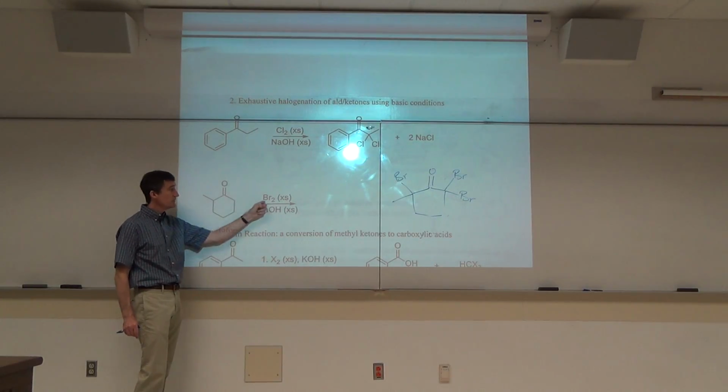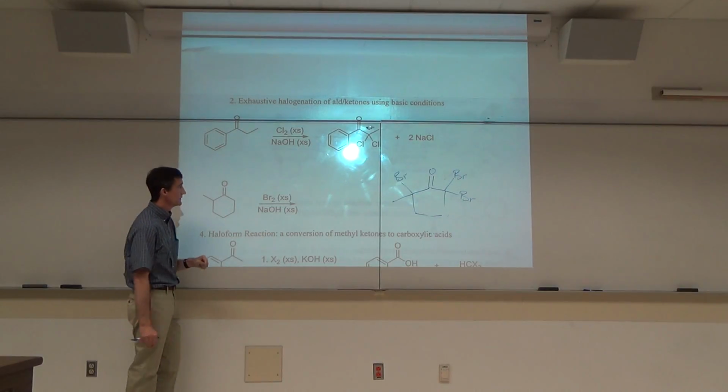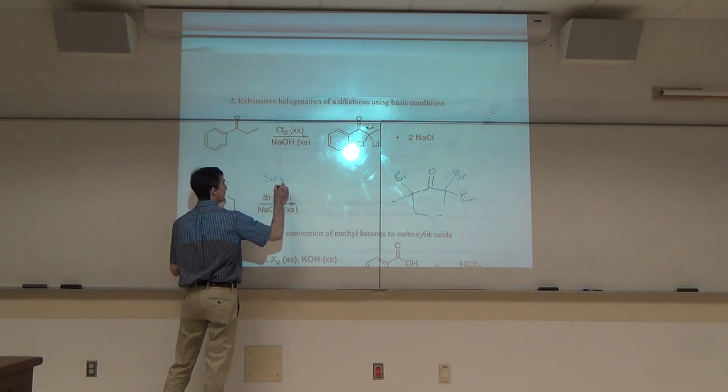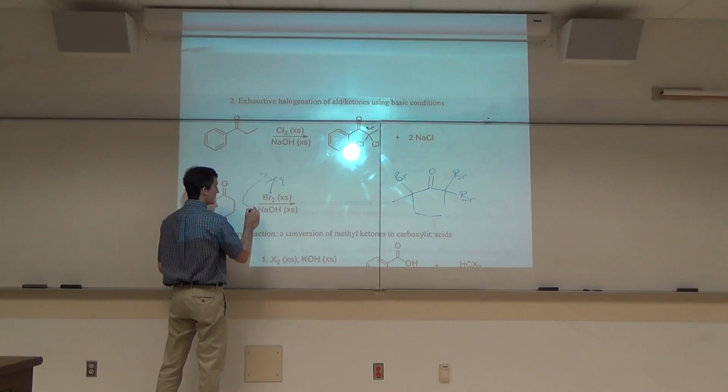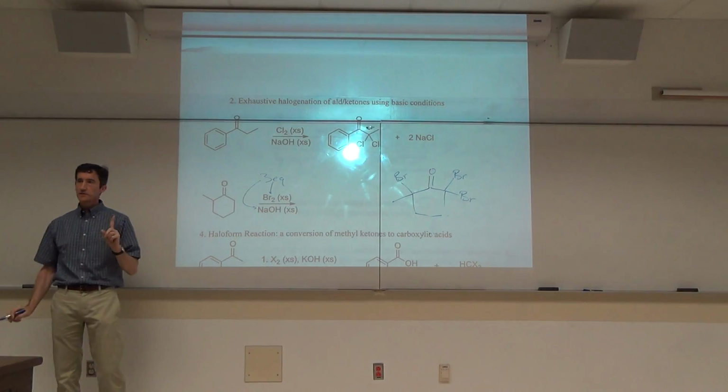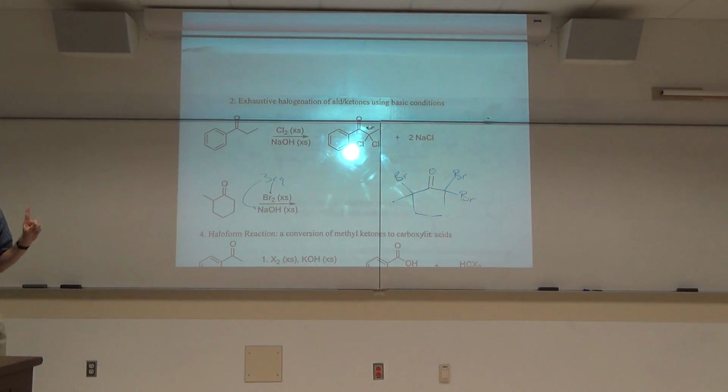You're going to have to use how many equivalents of bromine to get that product? You need 3 equivalents of that. You also need 3 equivalents of base, because actually the base is not reformed under basic conditions. Under acidic conditions, the acid is a catalyst. When you halogenate under basic conditions, it's not.